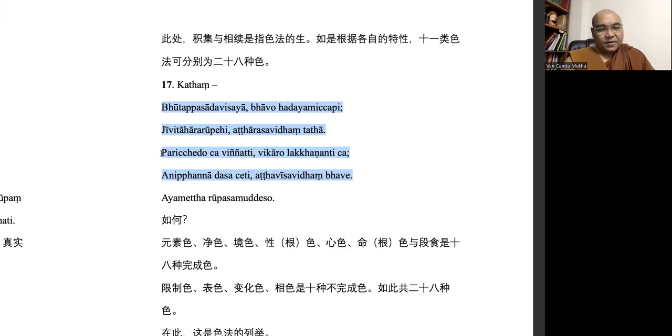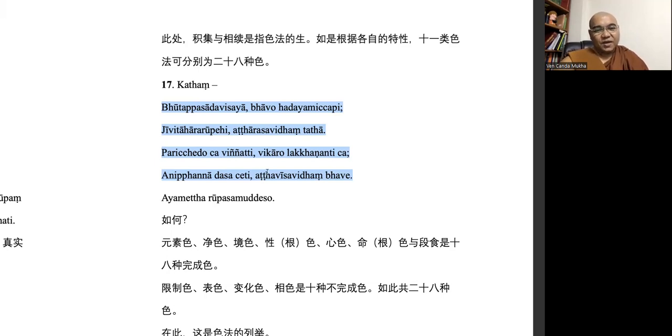Then Pariccheda, space, and Vinnatti, intimation, significant change, significant manner, and Lakkhana, sign.